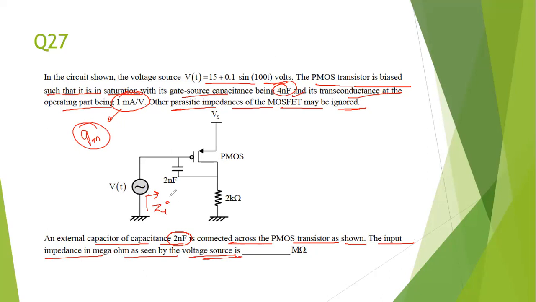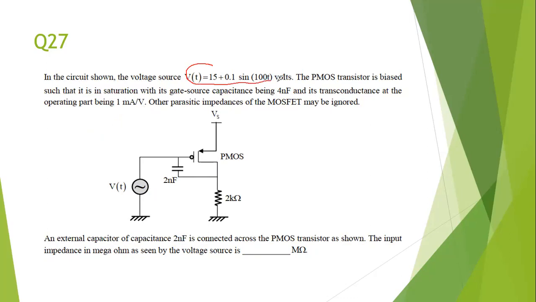First of all, draw its potentials and draw its equivalent. So this is your V of t. In this case, this is your DC potential and this is your AC potential. So this is your AC source. Now, V of t equals 15 plus 0.1 sine 100t volt, and the gate to source capacitance CGS is given as 4 nanofarad.